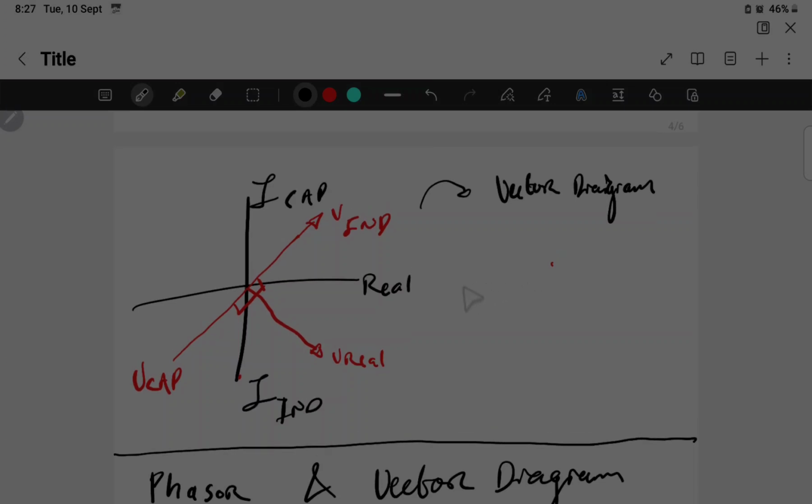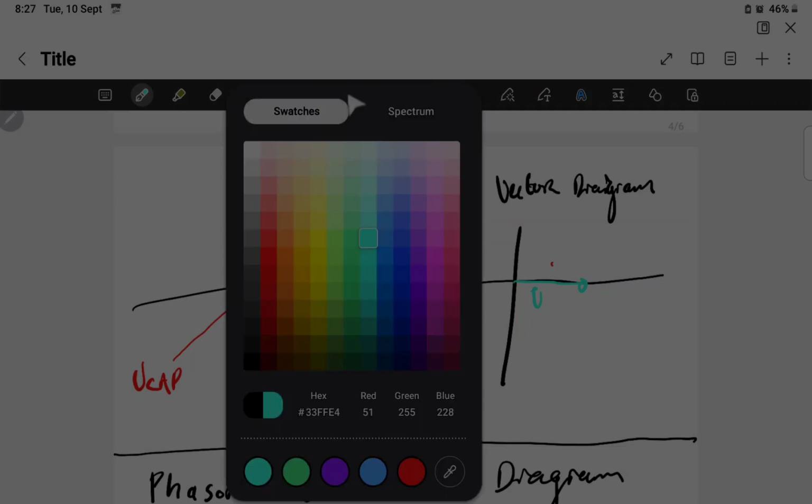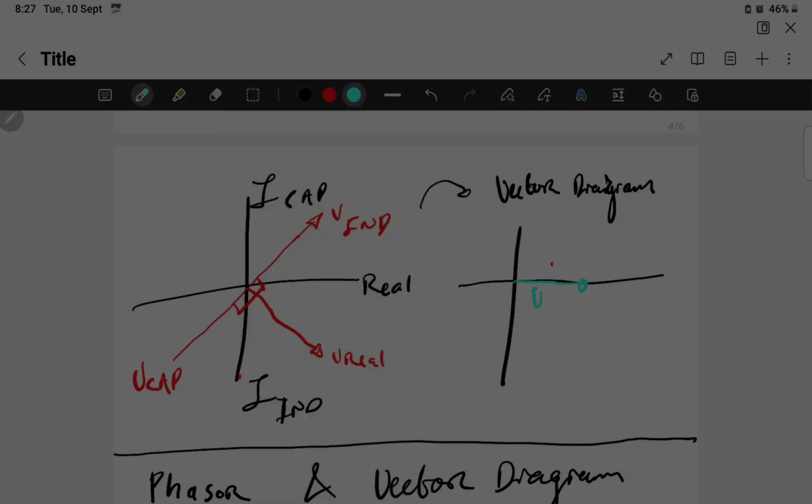So let's do this: our supplied voltage V. Then we are going to copy this one, which will be our VR1.